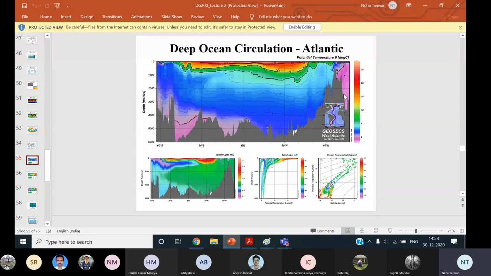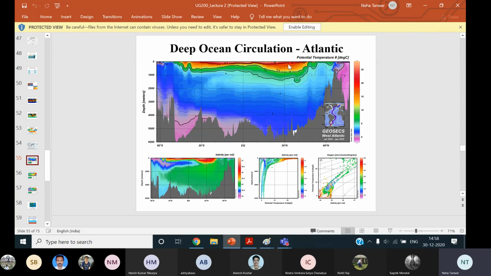The temperature is very low, 0 or even lower, right? Let's talk about the surface; later we will come to the deep water. On the surface, the maximum temperature we get is somewhere in the tropics and at the equator.